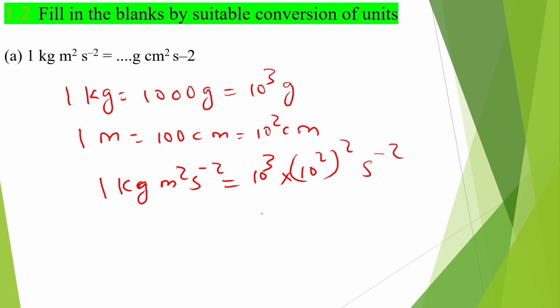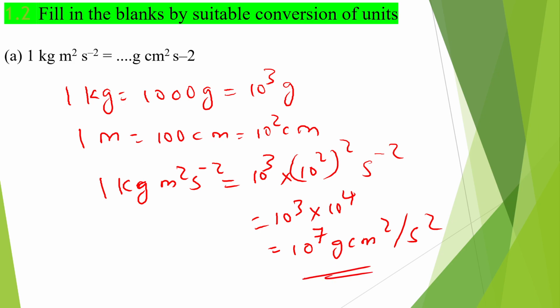So your answer will be 10 to the power 3 multiplied with 10 to the power 4. So your answer is 10 to the power 7 gram centimeter square per second square. So this will be the solution.